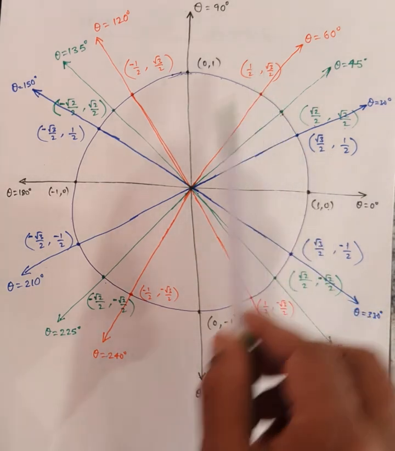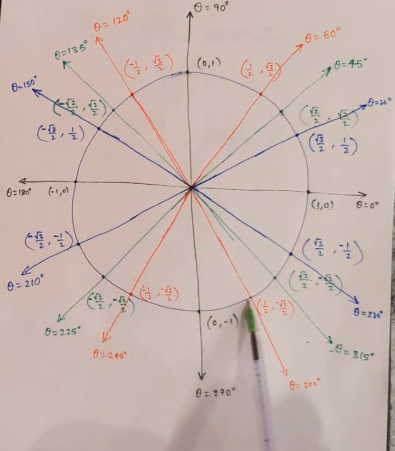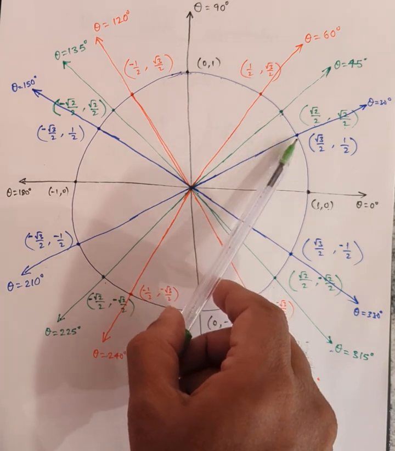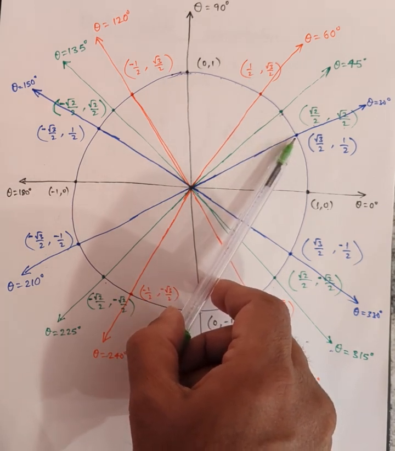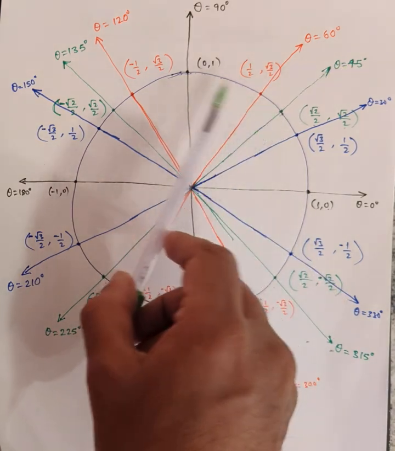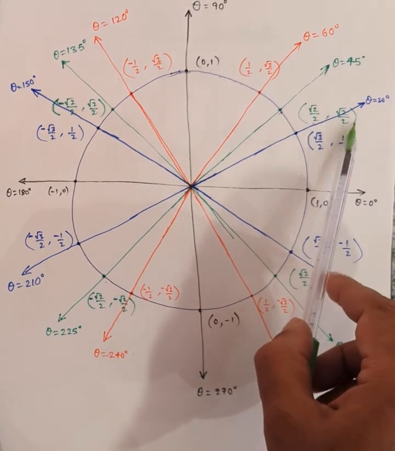Now, for those 8 new points, 2 in each quadrant, it's the combination of those remaining 2 fractions, 1/2 and root 3 over 2. And here is the important thing. If this point has come closer to the x-axis, now, the green point was equally inclined to both x and y, so that's why it has the same coordinates.